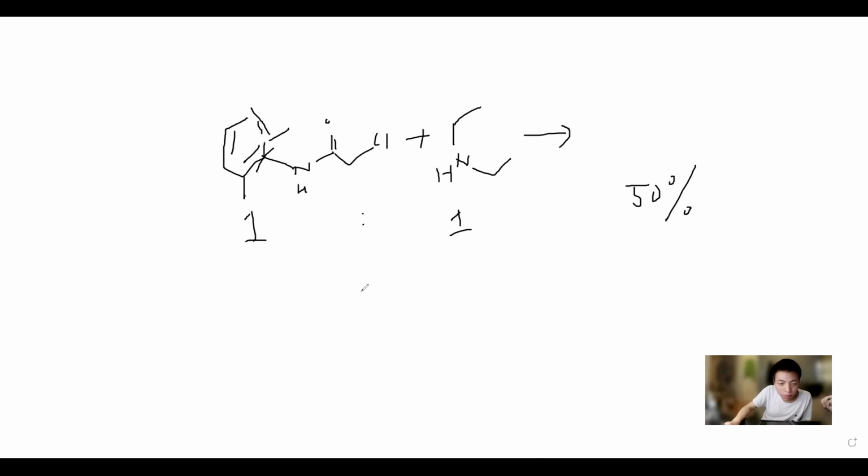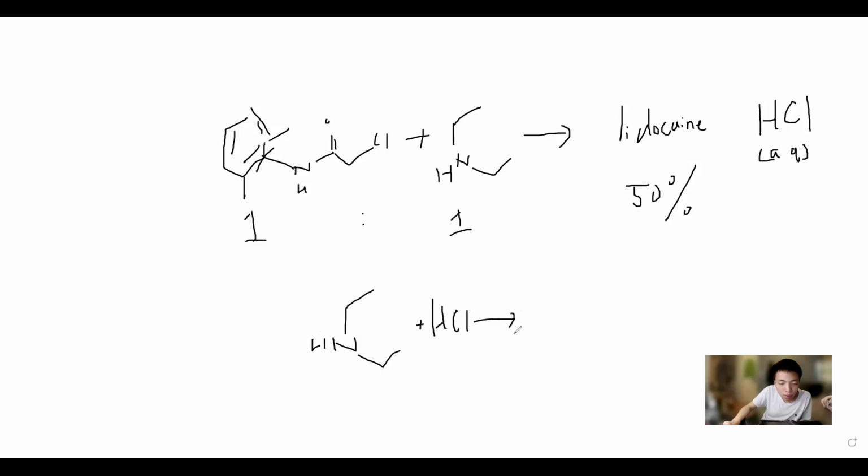The main reason is that whenever your lidocaine is out, it also forms HCl gas or aqueous, which is bonded to water. And diethylamine can react with HCl gas and forms this.